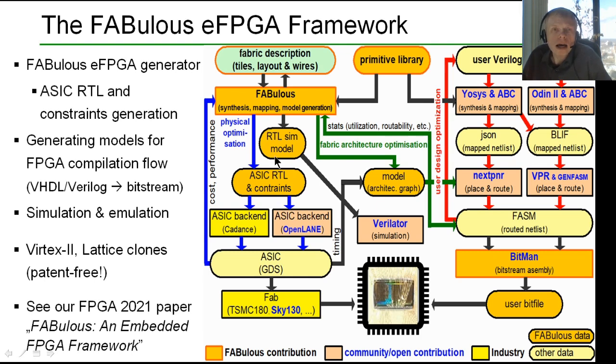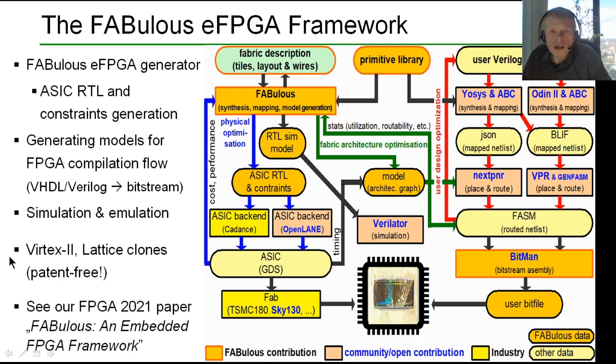We also provide the generation of simulation models that you can run in Verilator or ModelSim if this is your preference. We even generate emulation code that allows you to emulate a Fabulous fabric on a commercial FPGA, for example a Xilinx FPGA.